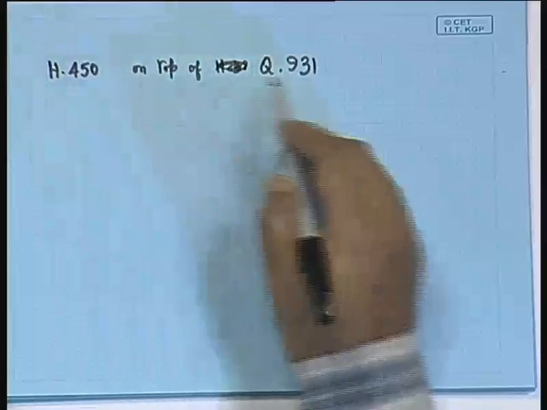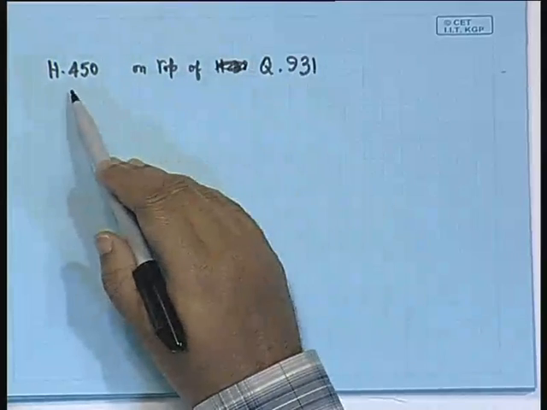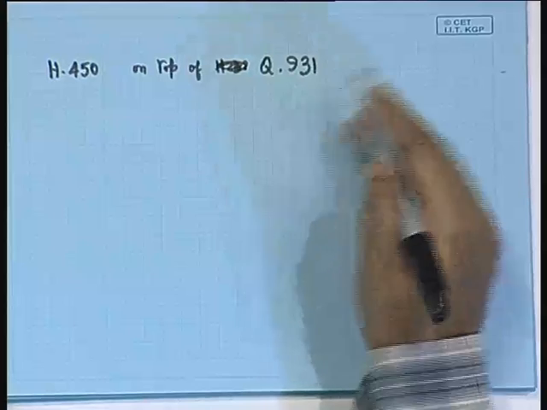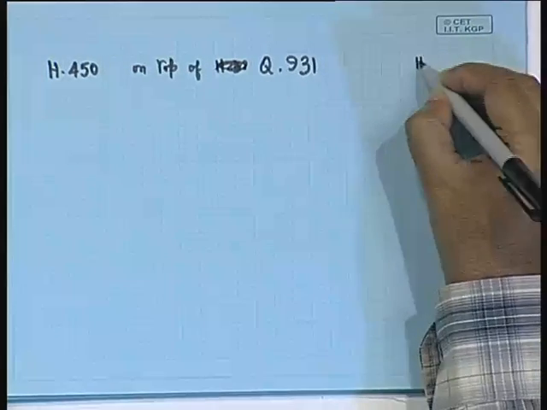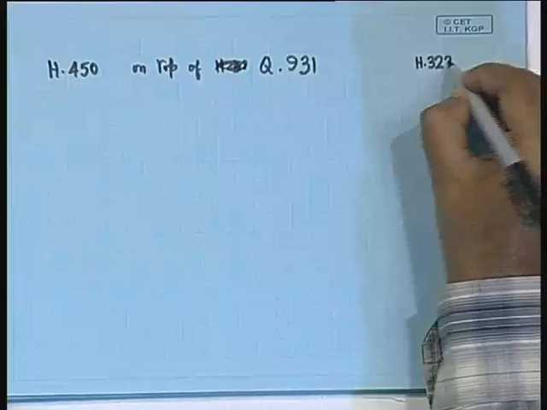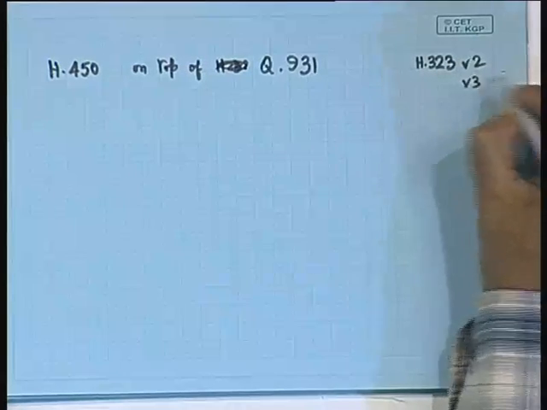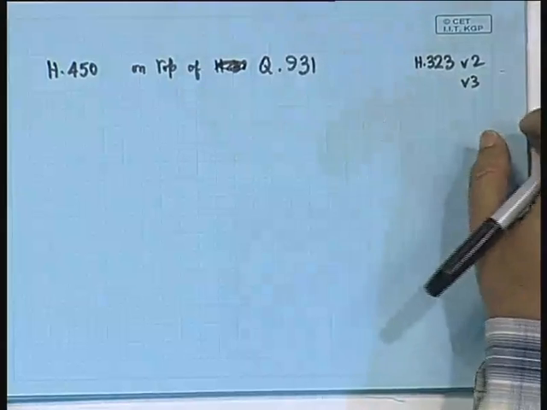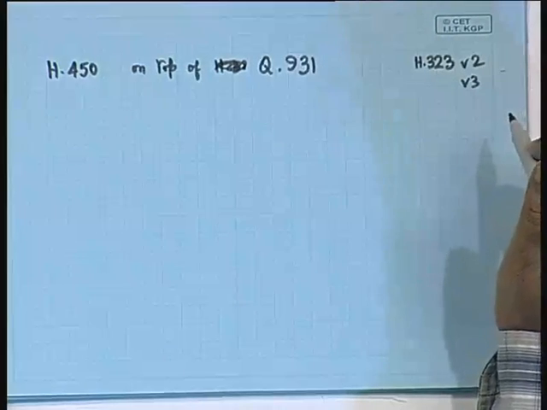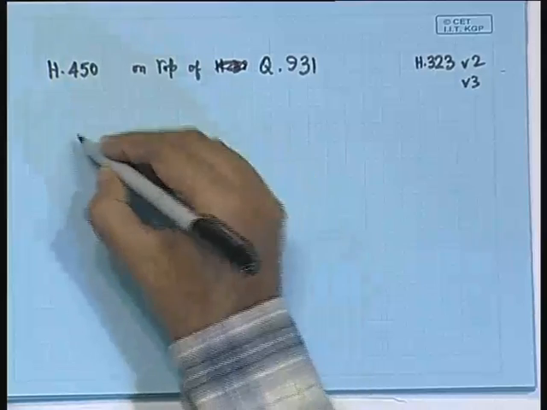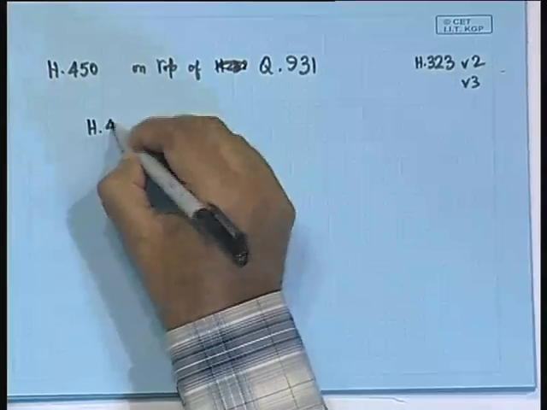So, with the incorporation of H.450 on top of Q.931, we can now go in for enhanced versions of H.323, and in fact, we can go in for version 2, version 3, version 4 and so on. Now, H.450 has got different sections in it.